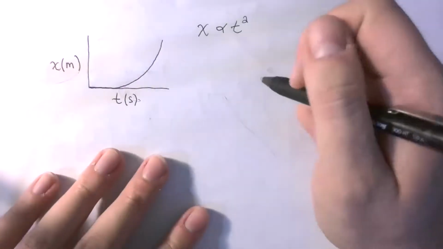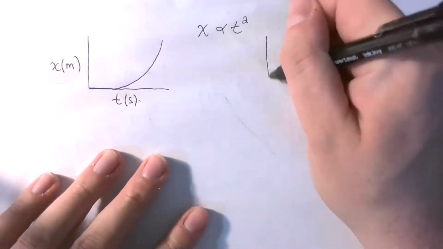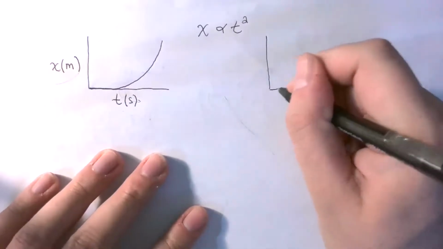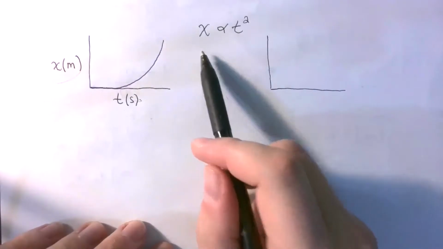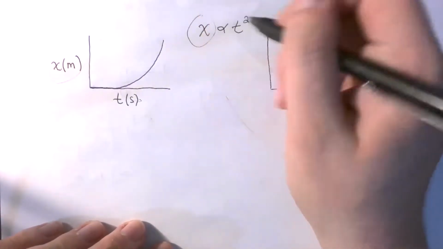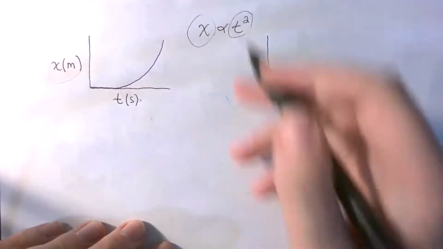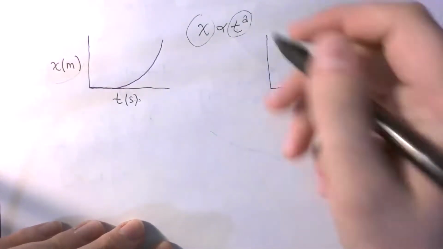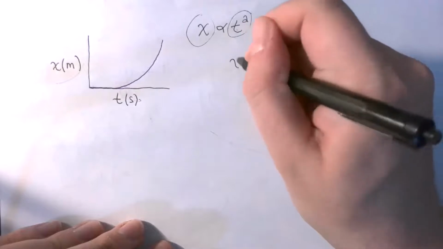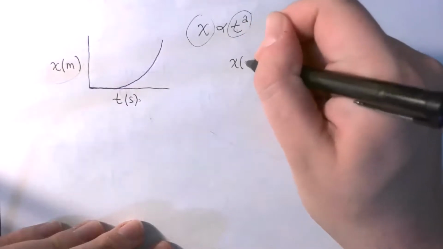So we'll want to create our test plot. And this relationship suggests that if I plot x versus t squared, since these two quantities are directly proportional, that would produce a straight line. So I won't change my y list.